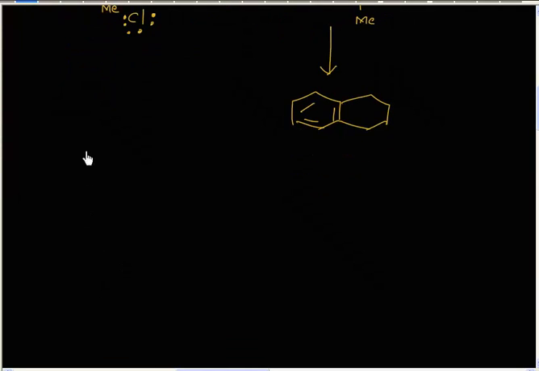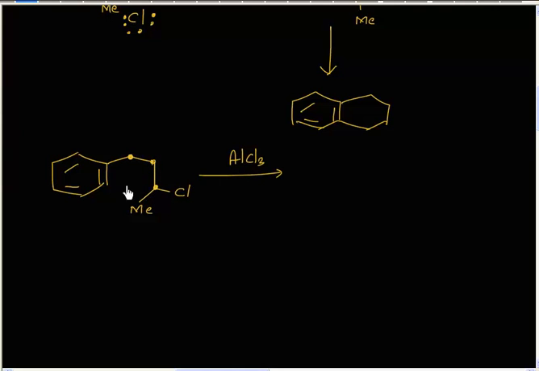We can have another example. Now if this compound is treated with AlCl3, we will have 1, 2, 3 carbon, this one 4 carbon, this one 5 carbon.